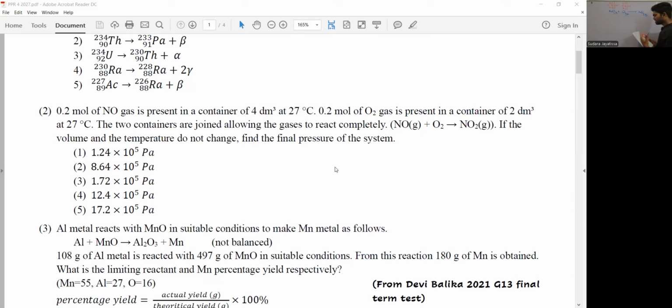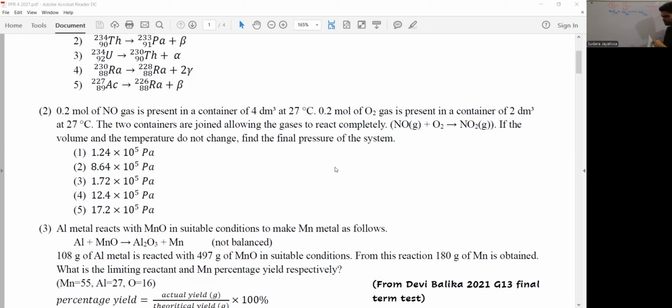First of all, we have to understand what happens when you join the 2 containers. There is a 4 decimeter cube vessel and there is a 2 decimeter cube vessel. When you join the 2 vessels, it becomes a system of 6 decimeter cube.